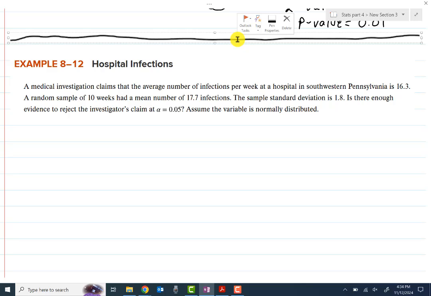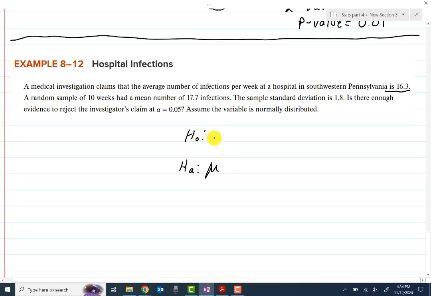All right, we have a medical investigation that claims that the average number of infections per week in a hospital is 16.3. The word is used, so we're going to have a setup like this. And then, of course, the not equals version always goes into HA.